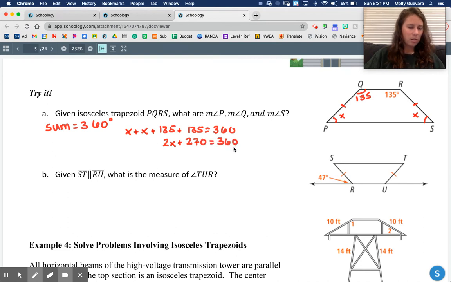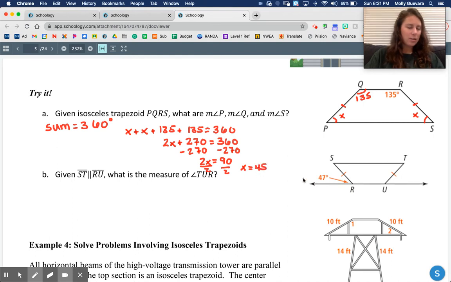Okay, so I'm going to subtract 270 from both sides, and I get 2x is equal to 90. Divide by 2, divide by 2, and I get x is equal to 45.